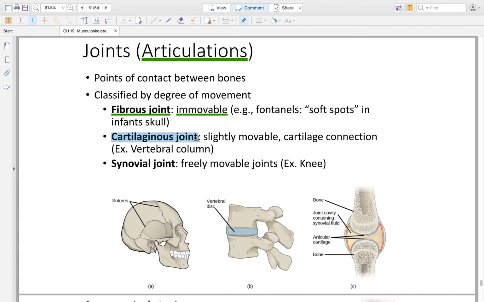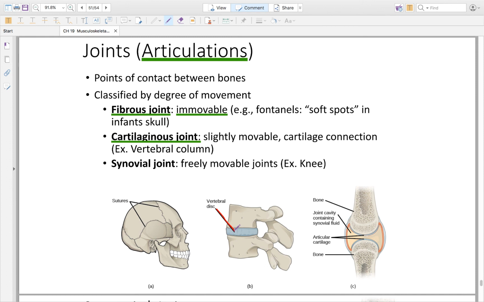Slightly movable joints are going to be cartilaginous. Okay, and something that's slightly movable, of course, is your vertebral disc. I mean, it's not the most, you can move it to an extent, right? You can move your vertebral column to an extent without hurting yourself. That's what we mean by slightly movable.